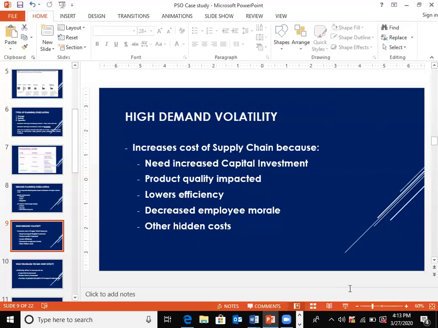Also, product quality can be impacted. In the ideal situation, there should be a steady rate of manufacturing. When there is a sudden hike or a sudden decrease, this may impact product quality. And the reason is that many times your employees could be really pushed to their limit with the amount of work they're having to do if a huge order comes in all of a sudden.